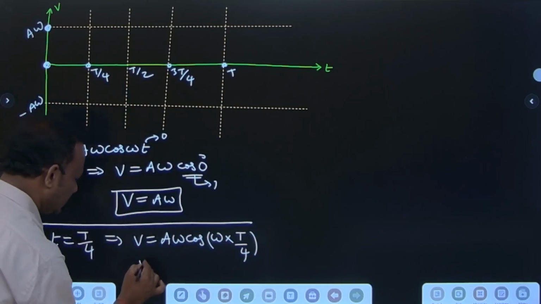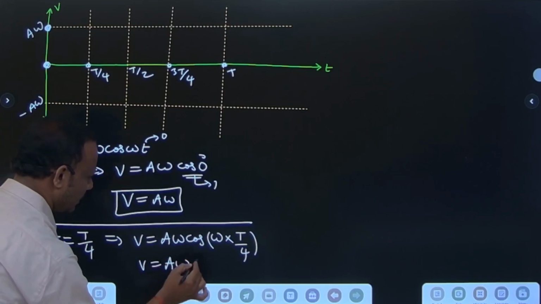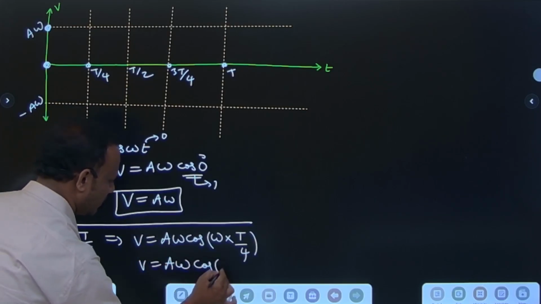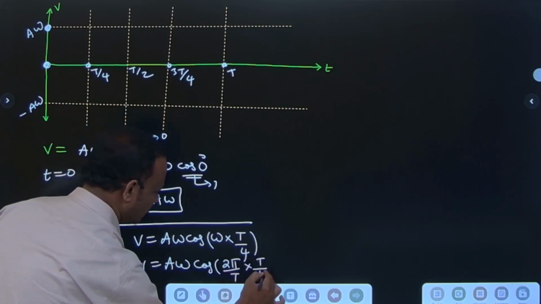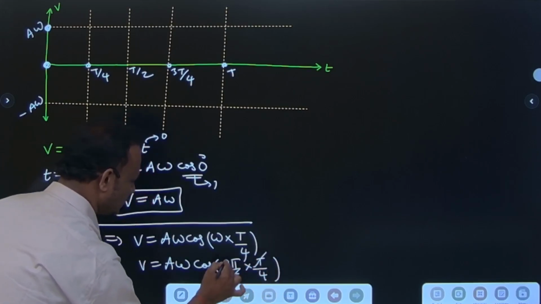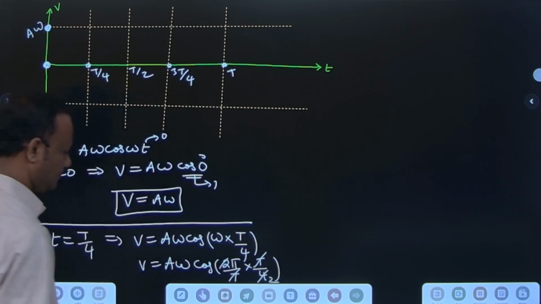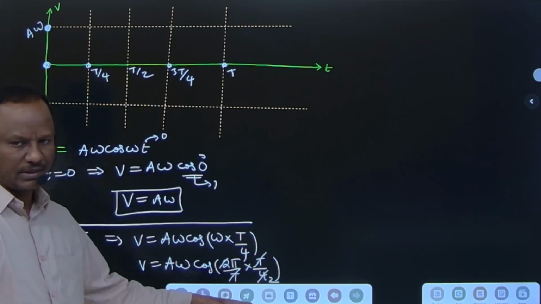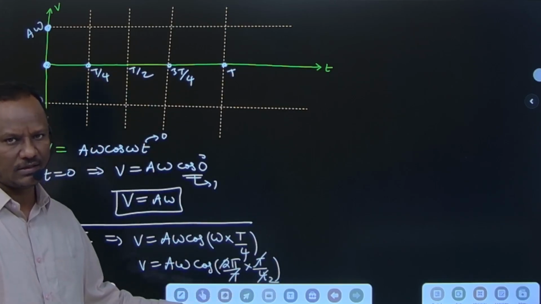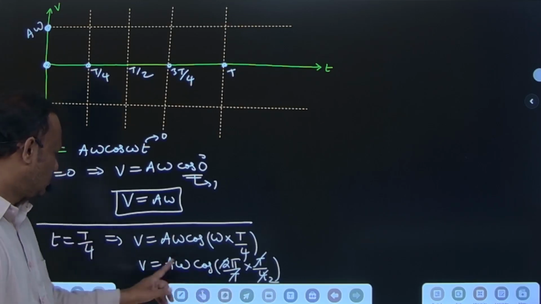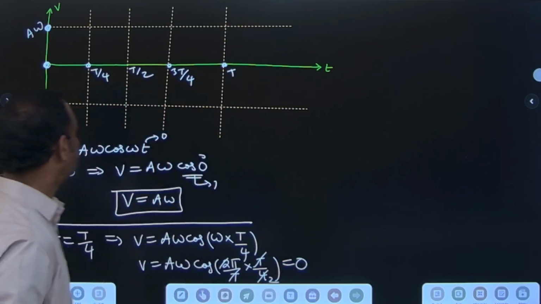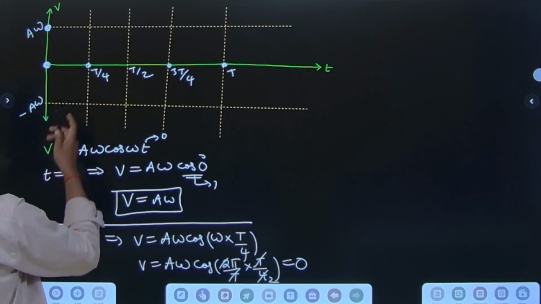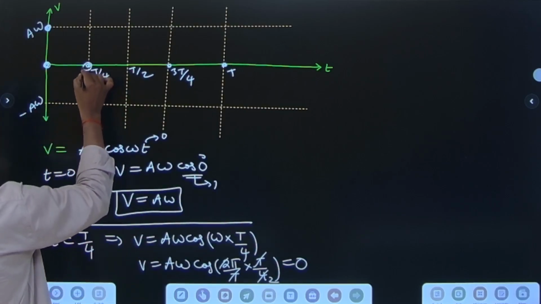Omega means 2 pi by T, into T by 4. Then T cancels, 2 ones are 2's, pi by 2, 90. Cos 90 is 0. So 0 into something is 0. What is the velocity here? 0. So at t equal to this one, the position is here.